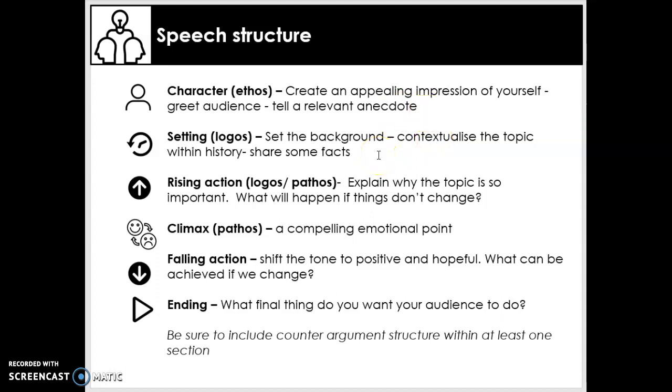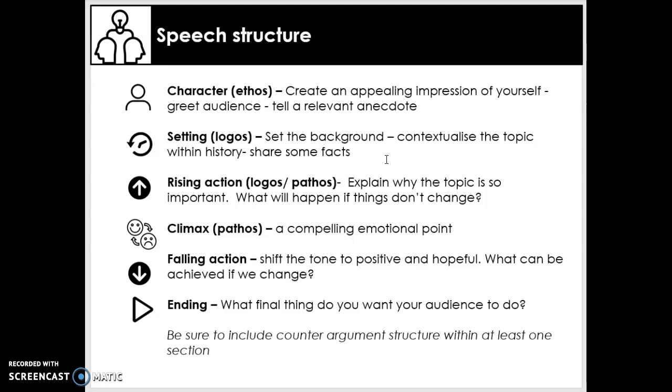Give some history, share some facts. So if you're doing a speech about how we have a moral duty to stand against racism, this is your chance to outline some of the issues around racism historically and some of the things that have happened that have meant that black people and people of ethnic minorities have been subjected to terrible treatment.